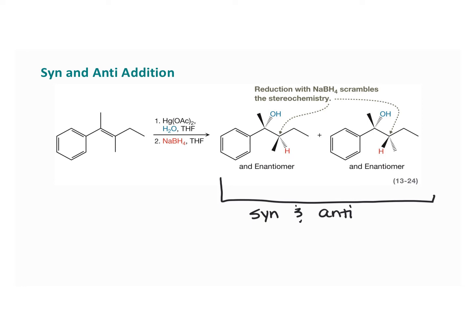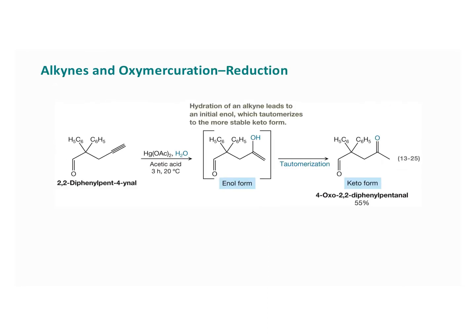Now, maybe the burning question in your heart is, hey, we did this with alkenes, and I know that the other reaction also works with alkynes. Does this work with alkynes? And the answer is yes, you would be correct if you guessed yes. So alkynes also can undergo this Markovnikov addition of water by oxymercuration.